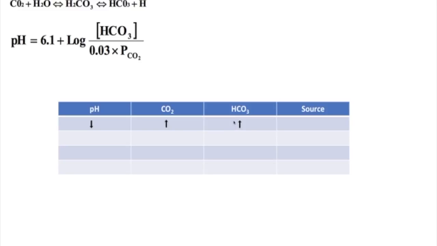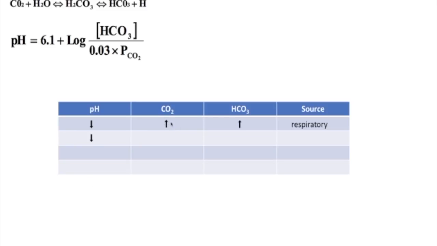So the pH is still down, but because of the compensatory mechanism, it's not down as far as it might be if the kidney were not operating. So this tells us that we have a respiratory acidosis. That is, the cause of our acidosis is respiratory, perhaps a low breathing rate or something that is limiting respiratory function and causing our CO2 to build up in the blood and rise.